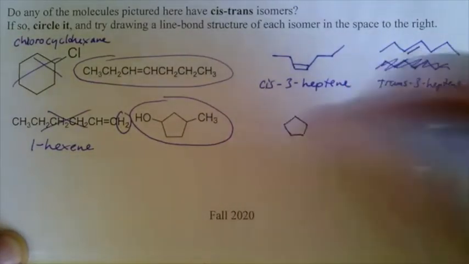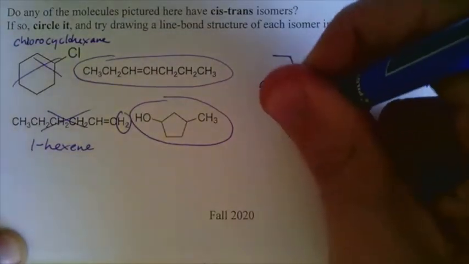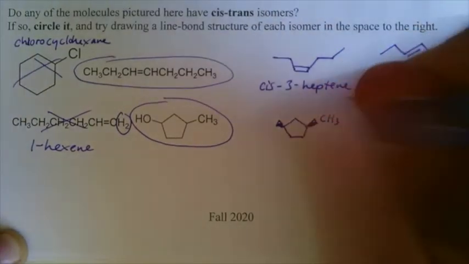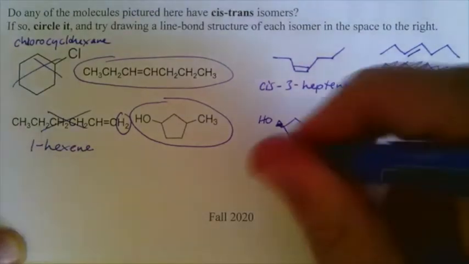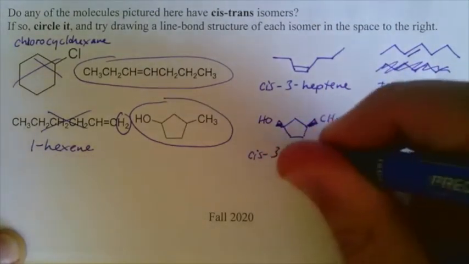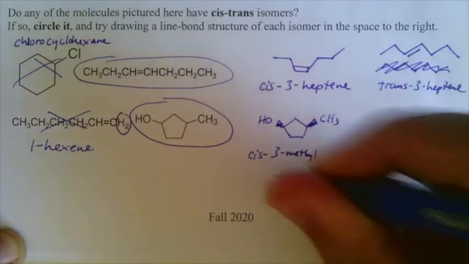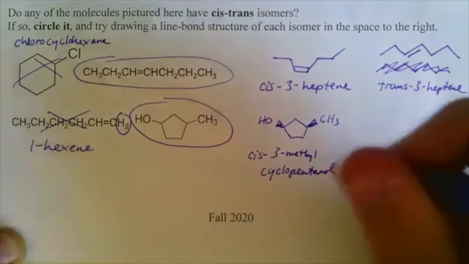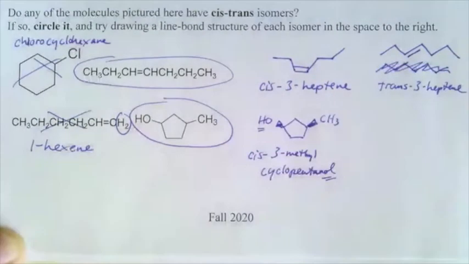I start with my 5-carbon ring, and we go wedge, wedge, CH3, OH. This would be the cis version of this. If you're interested, it would be 3-methyl cyclopentanol. Notice the OL is indicating I've got an alcohol in this thing.